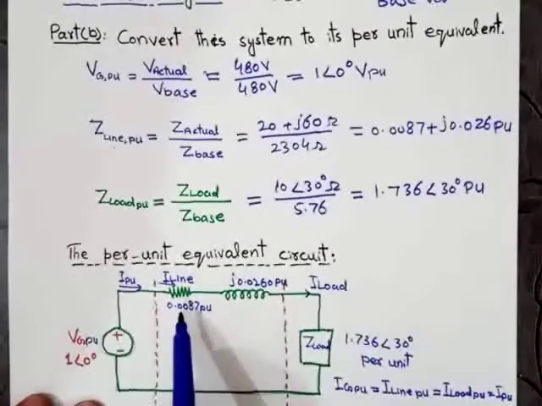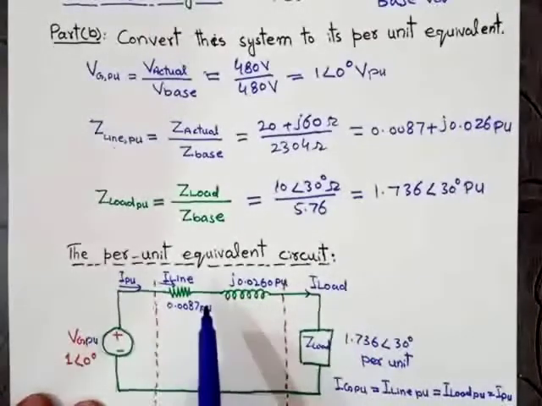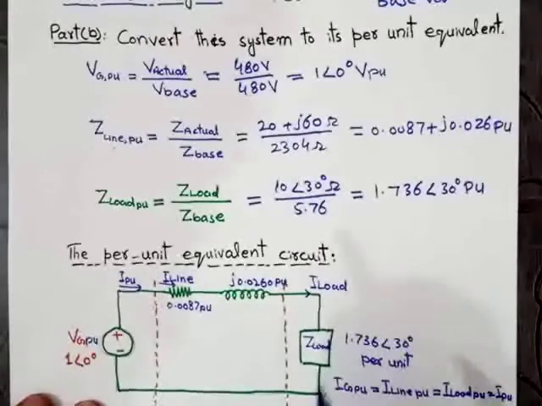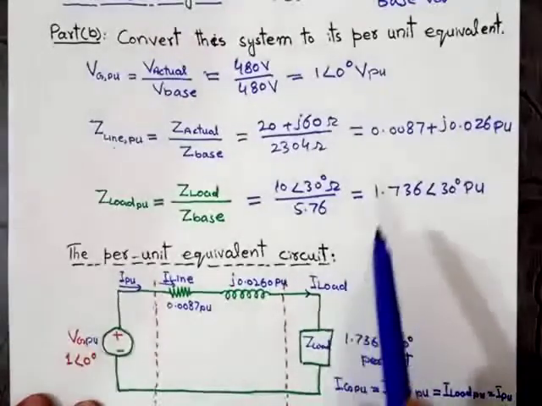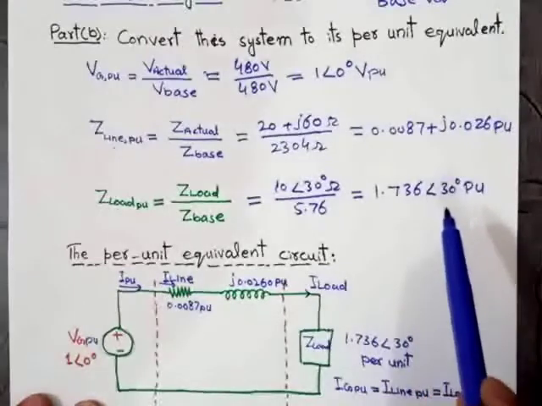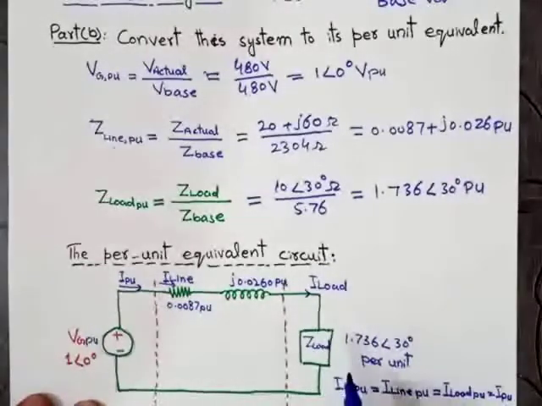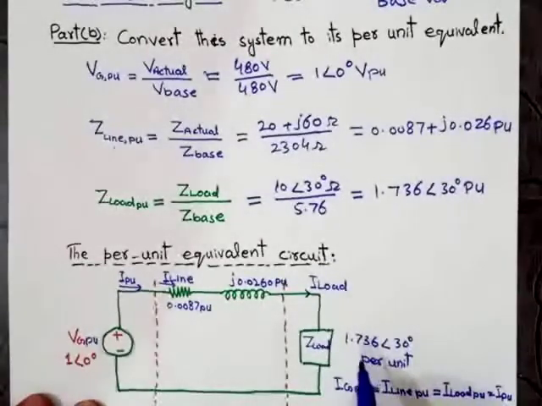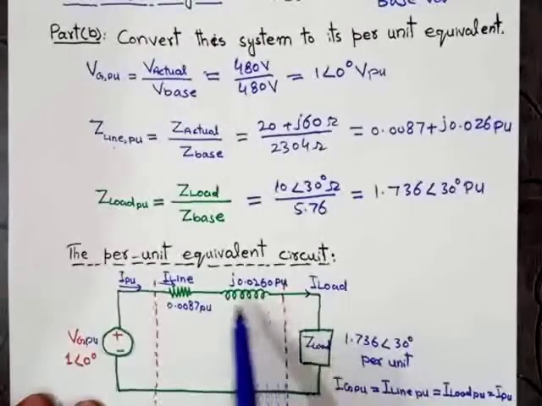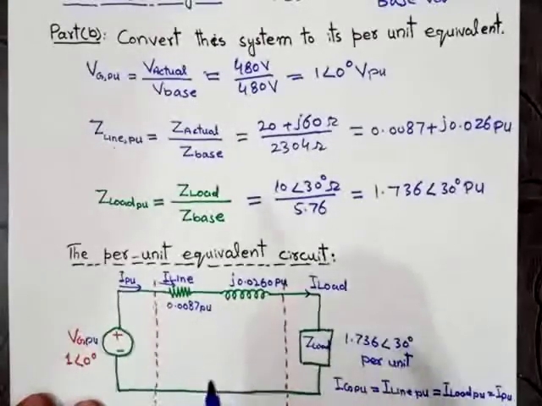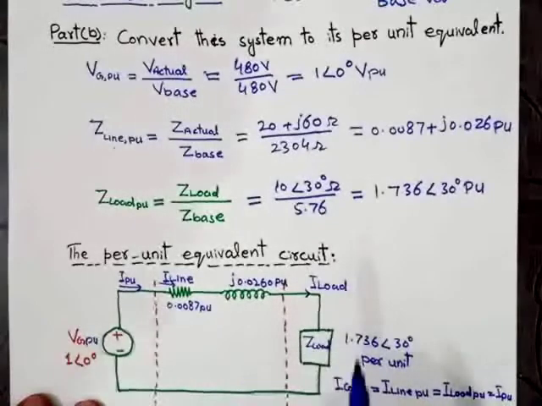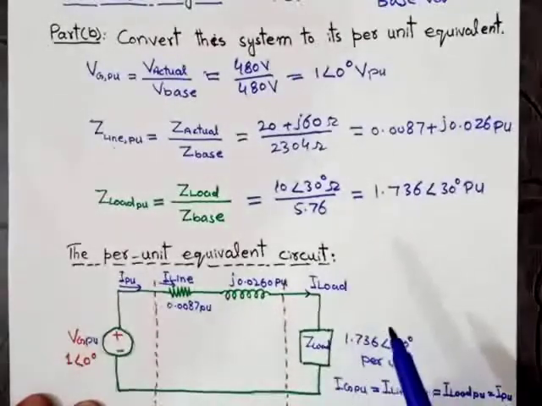The third and last per unit value, of the load impedance, is equal to 1.736 angle of 30 degree per unit. So this is the equivalent circuit in the per unit form, in the per unit system. So this is the per unit equivalent circuit. So this is the part B of this numerical.